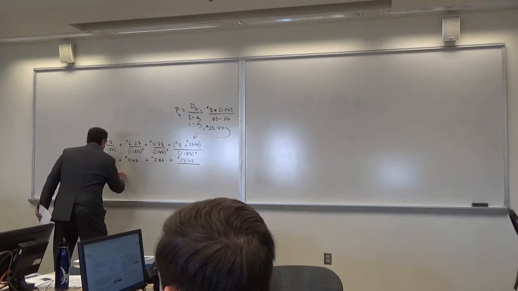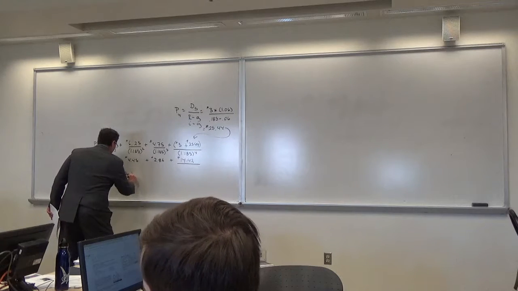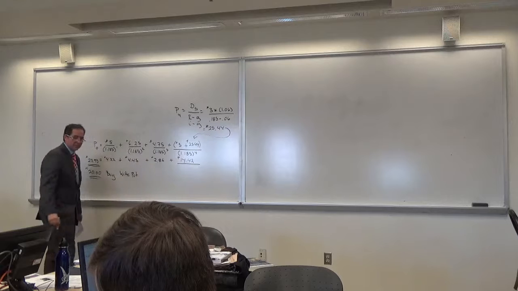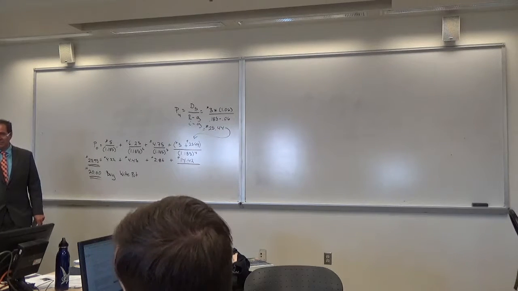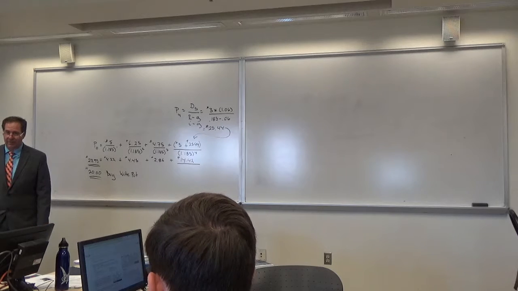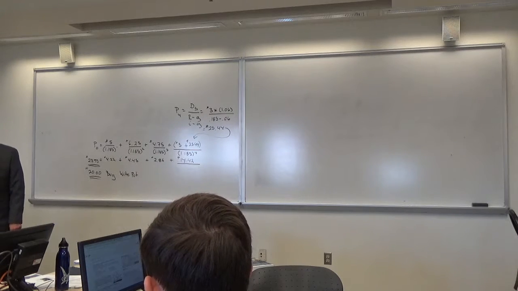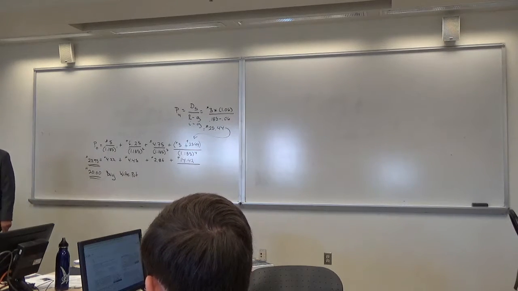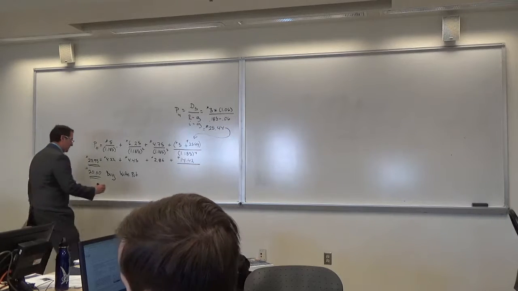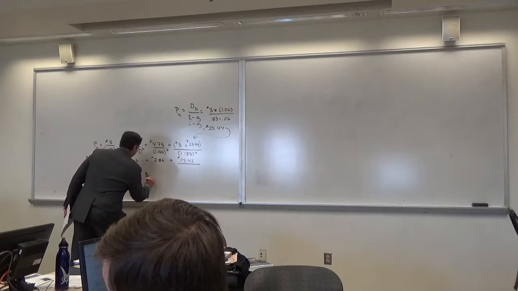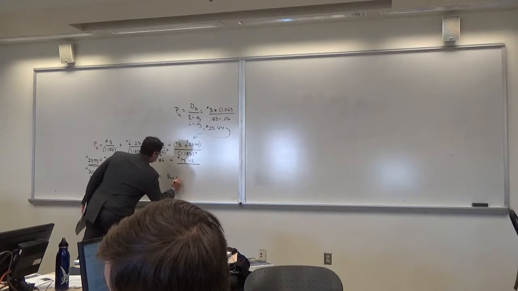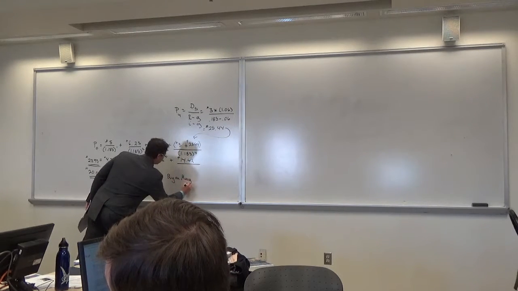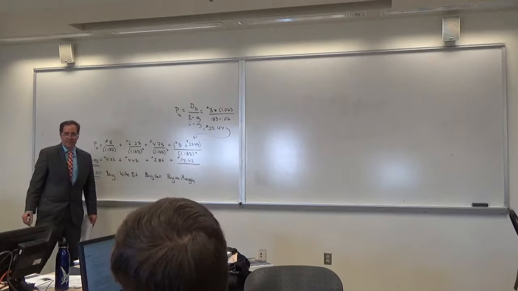I can write puts. Great. What else can I do? You can look at your memo, you can look at your notes. It's pretty easy. We're going over stuff over and over again. I can buy calls. I can buy on margin. Is that correct?